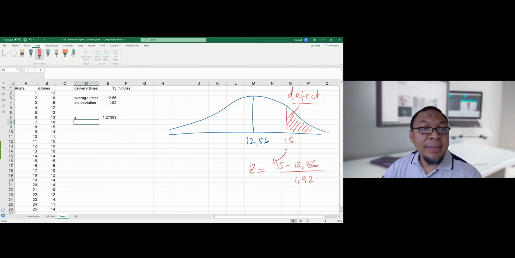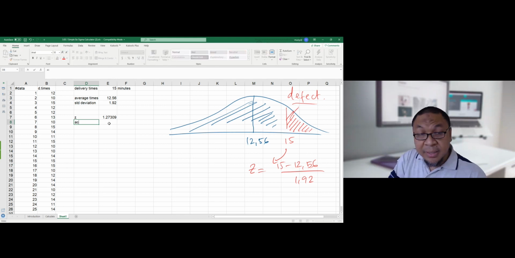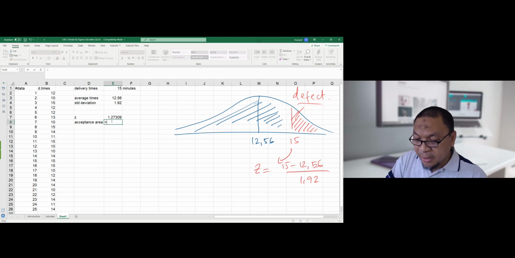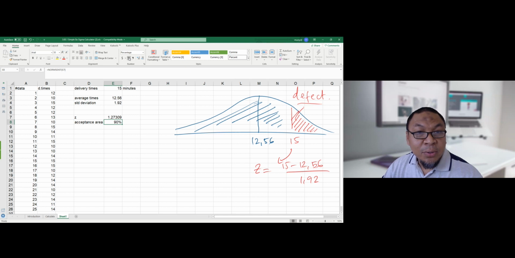Then the probability of the accepted area, using the normal distribution with the Z value, gives 89%.